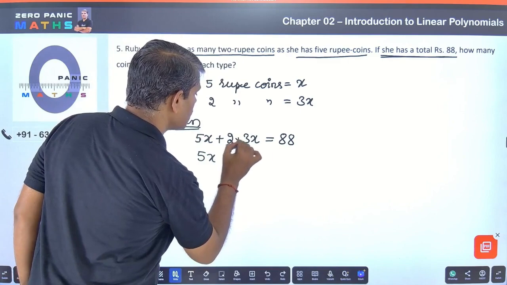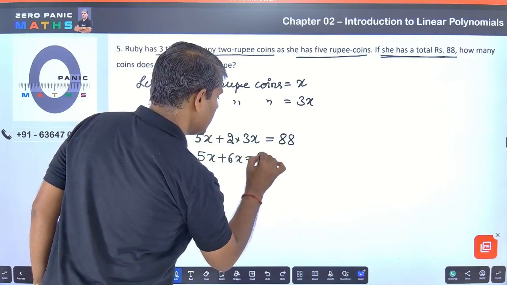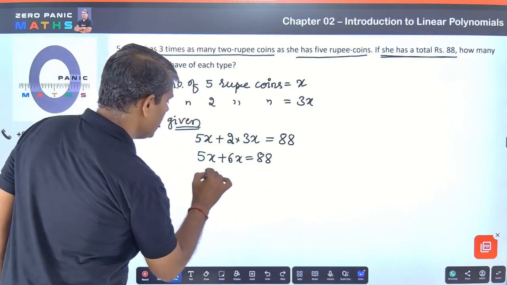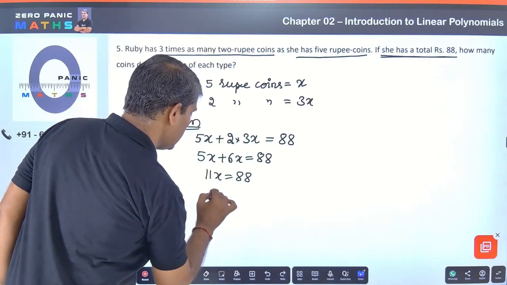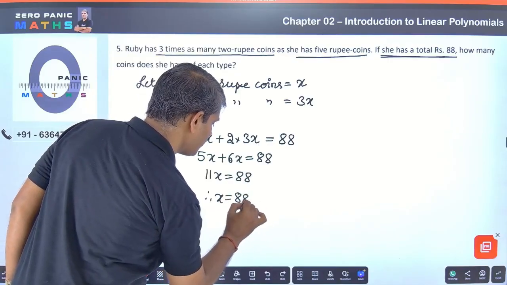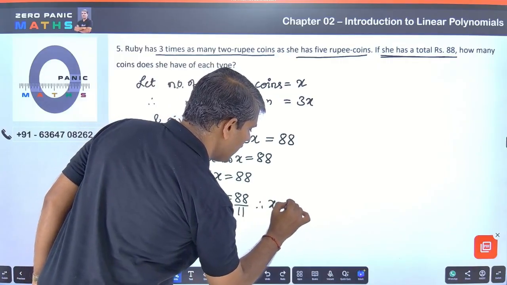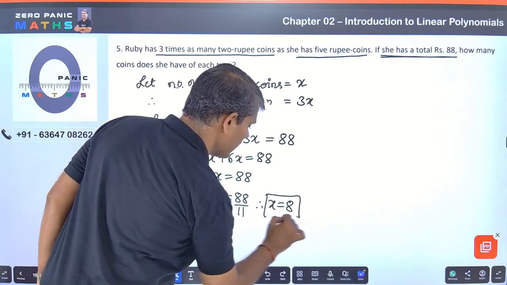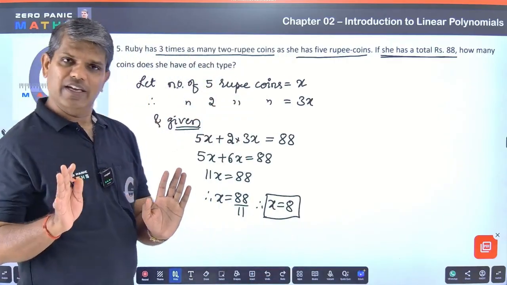Okay, 5x plus 2 into 3 is 6x is equal to 88. So 5 plus 6, it is 11x is equal to 88. Therefore x is equal to 88 divided by 11, that is x is equal to 8. x is equal to 8, and x is the number of 5 rupee coins that we considered.